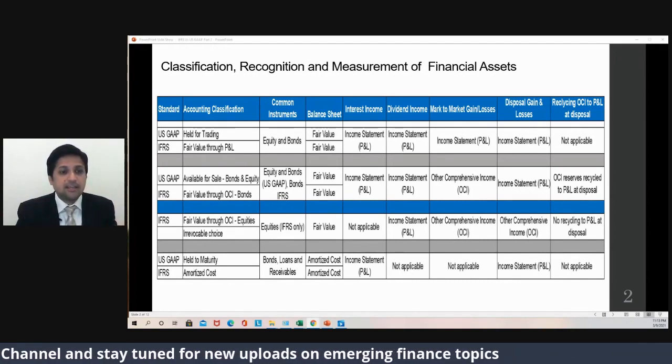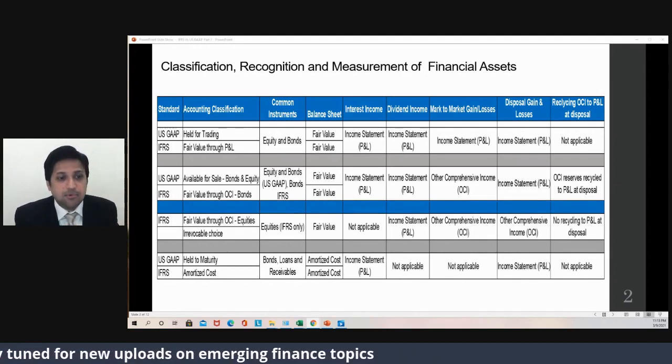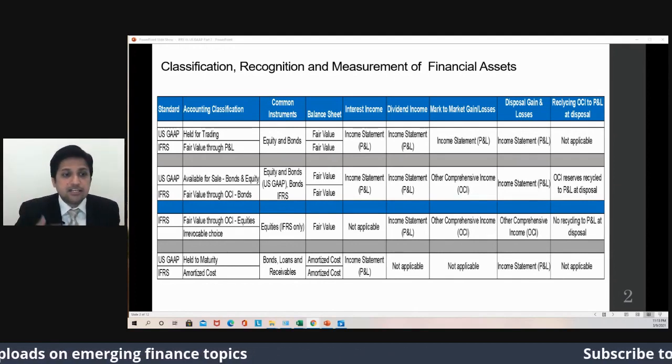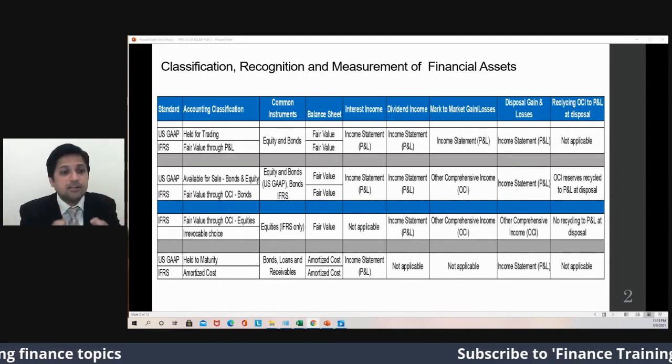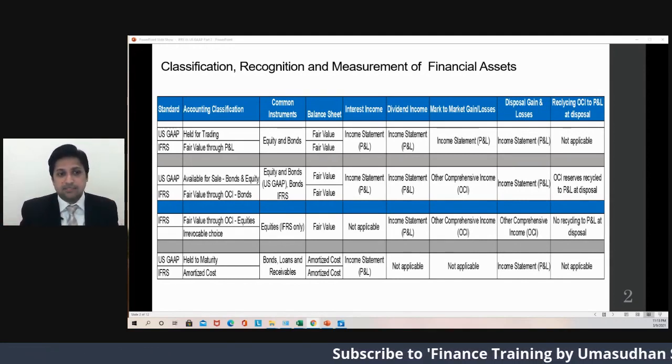Essentially, it looks like the International Accounting Standards Board wants to discourage companies from taking this irrevocable choice for equity investments.